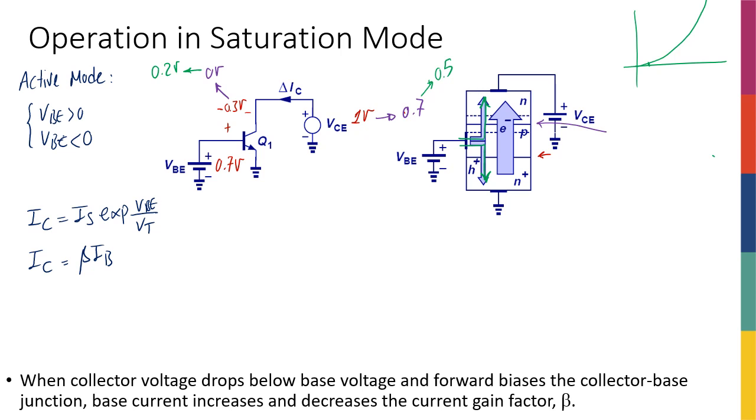What will happen if I continue this VC reduction? Let's say I go to something very small, 0.1 volts, so VBC becomes 0.6 volts. Now I'm close to that 0.7 that I know causes a huge amount of current. My transistor is going to act very differently, because this term of my base current is increasing very rapidly.